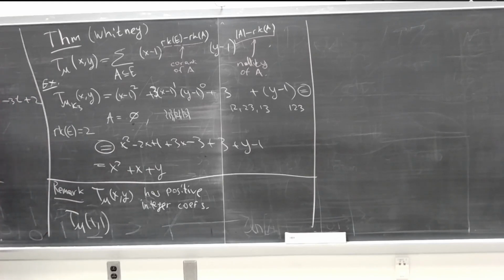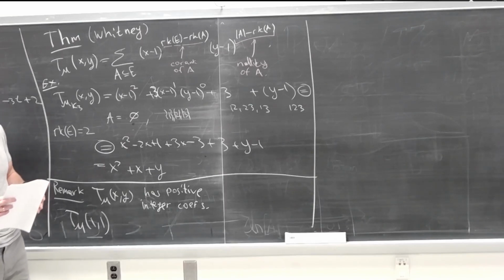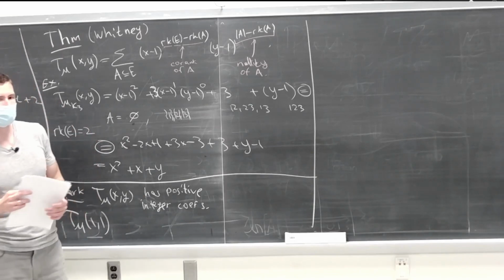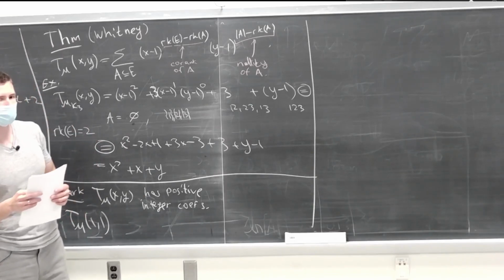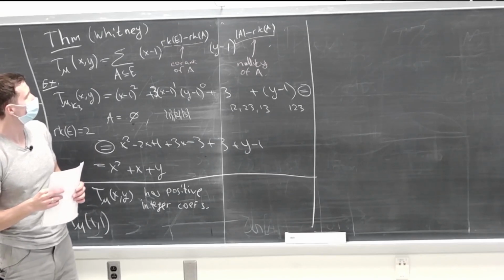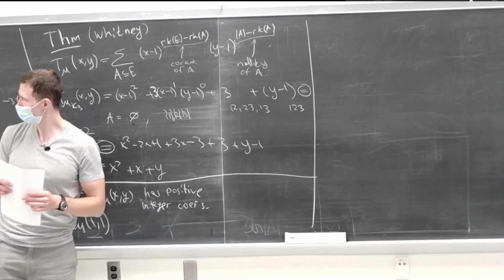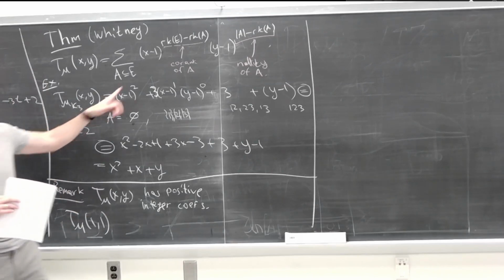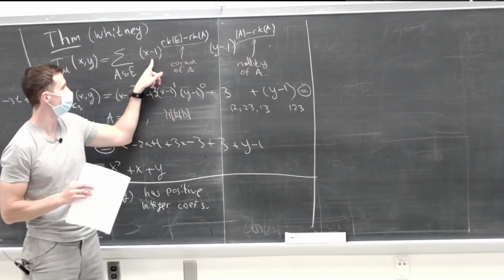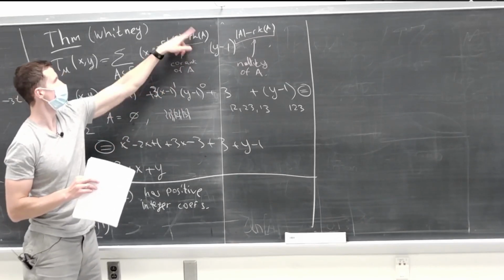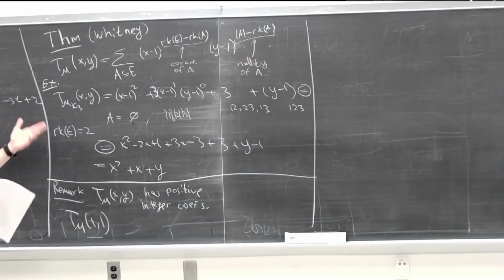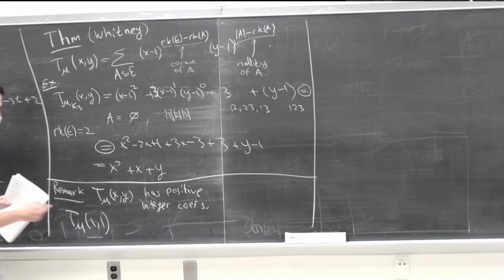Right. So if I plug in x and y to be 1 here, then this is going to vanish unless both of these exponents are 0, which means A has to be a spanning tree, or more generally, a basis of my matroid.